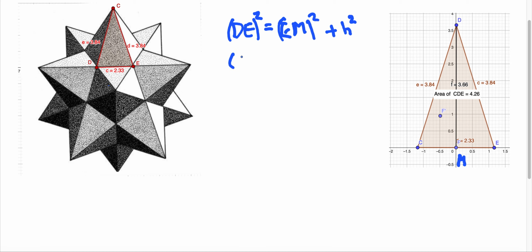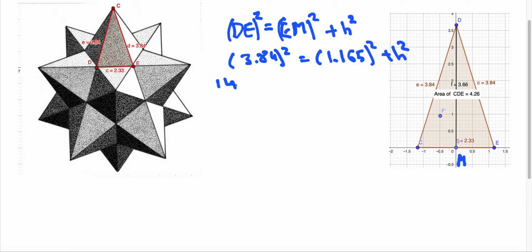As we see here, the hypotenuse 3.84 squared is equal to this value here, which is half of 2.33, which is 1.165, squared plus h squared, and we are squaring everything.